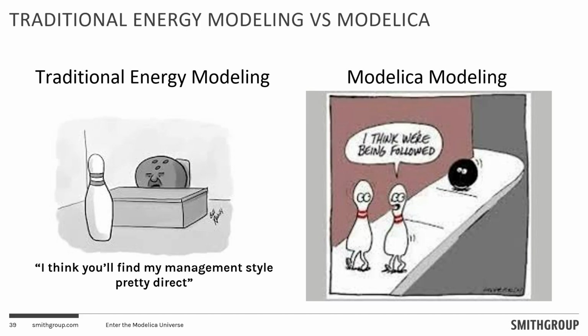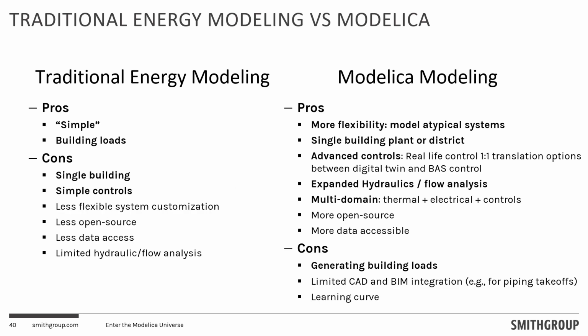So let's start to compare traditional energy modeling versus Modelica modeling. One of the takeaways when you get started in it is that it's kind of like bowling without bumpers. There's a lot of flexibility, which is great because you can be as creative as you want to be as an engineer. But it's different from traditional energy modeling, where usually there are some bumpers, some process to follow.